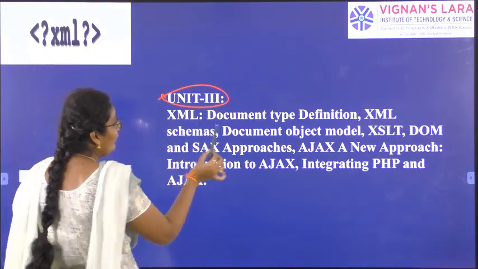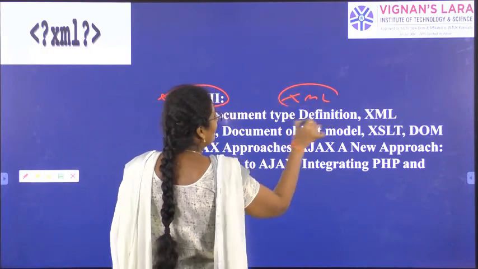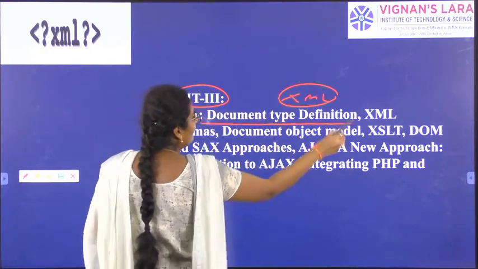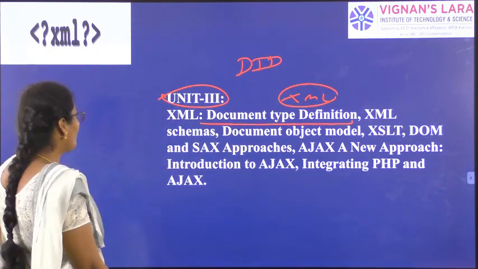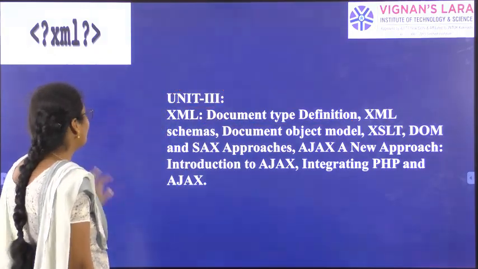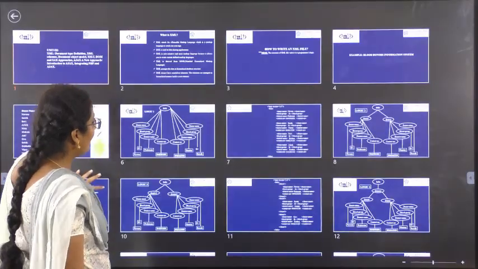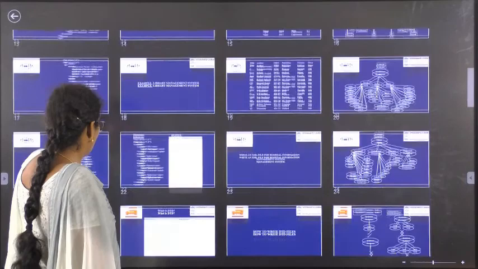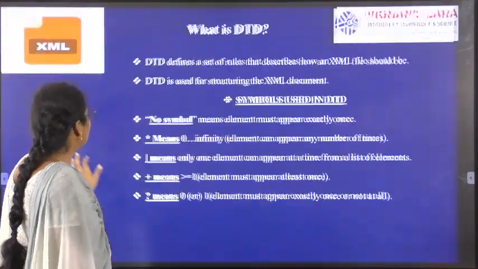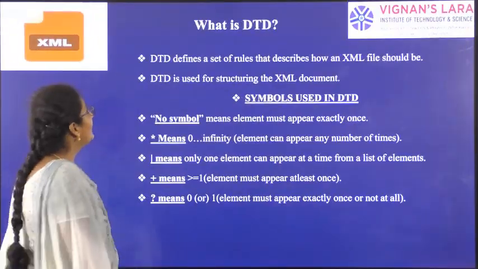We have seen what XML is. Now we are going into document type definition, nothing but DTD. Till now we have seen what XML is. Now, what is DTD?